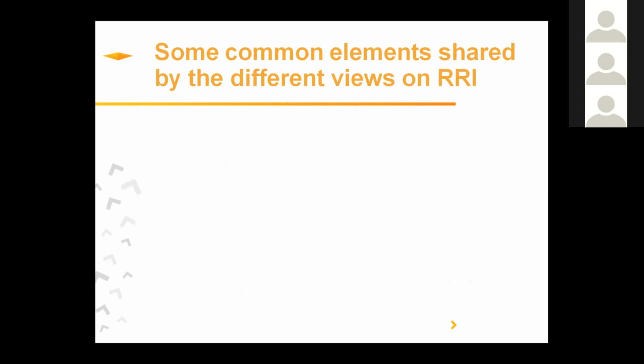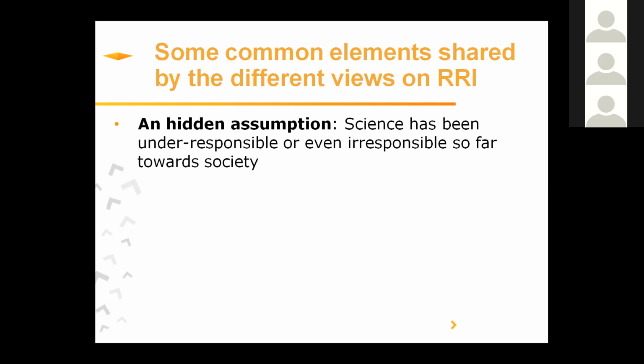So there is a wide range of definitions and interpretations of RRI, but at the same time, some common elements seem to be shared by the different views on RRI. The first one, according to me, is a hidden assumption, that is, science has been under-responsible or even irresponsible so far towards society.